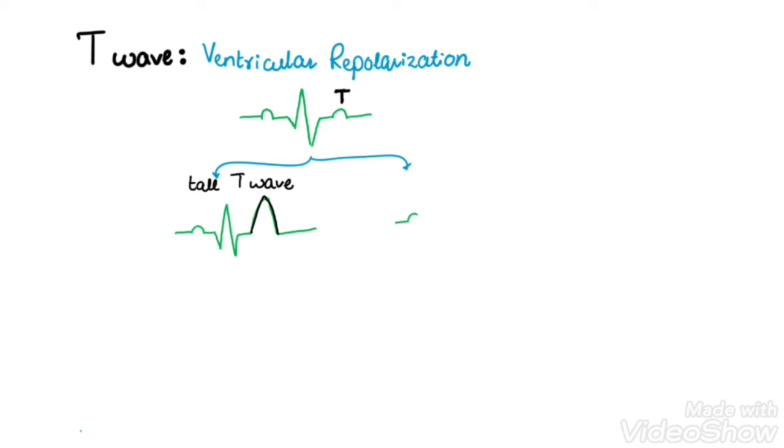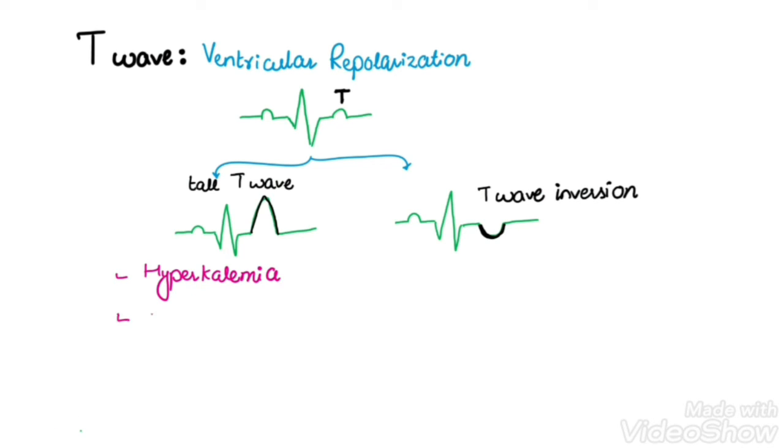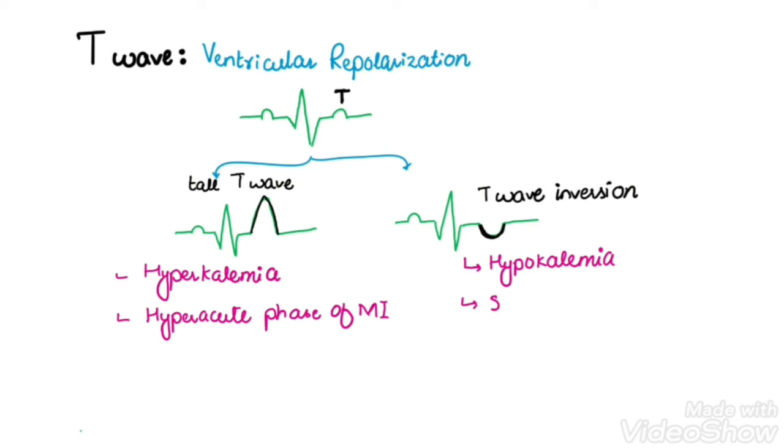So inverted T waves are seen in ST elevation myocardial infarction as well as hypokalemia. The mechanism of these abnormalities will be discussed in later videos.